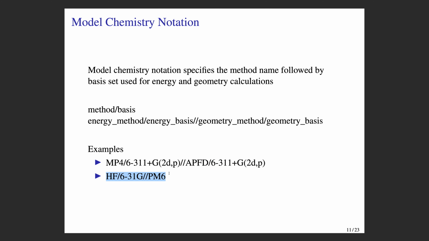Here, this is something that's a little bit more realistic, where you would use a semi-empirical method, the PM6 method, that we'll probably play around with at some point, to determine the geometry, and then you use the Hartree-Fock method with a 6-31G basis set to determine the energy of your system. Note that semi-empirical methods don't have a basis set given because they're based on a parameterized model, so there's no basis set there.